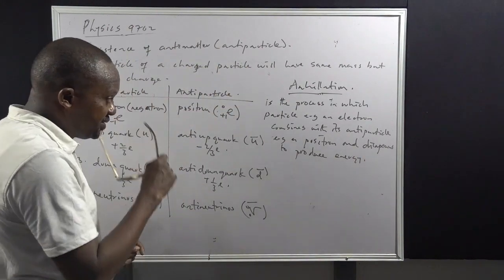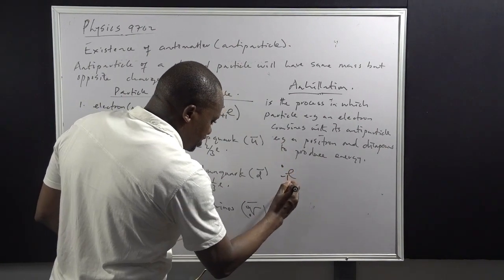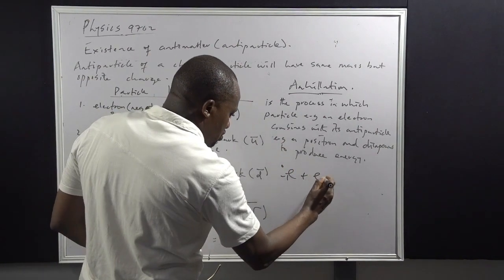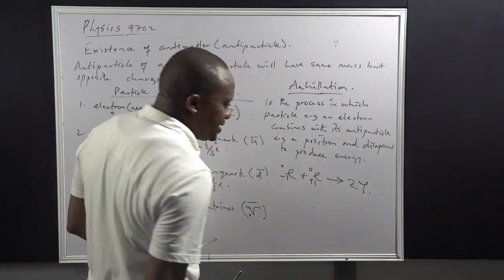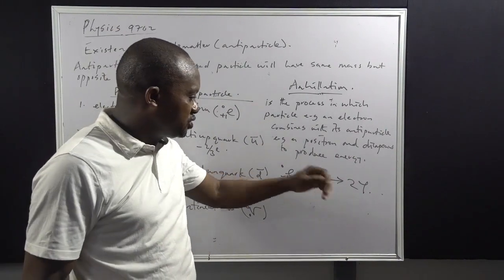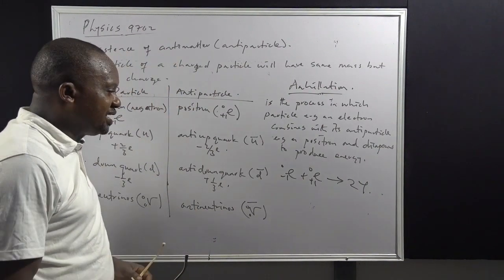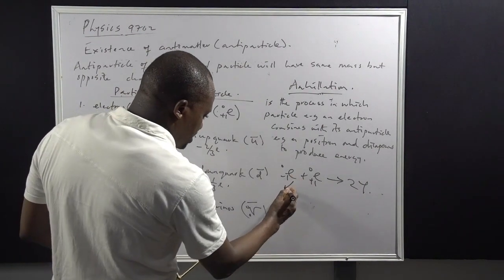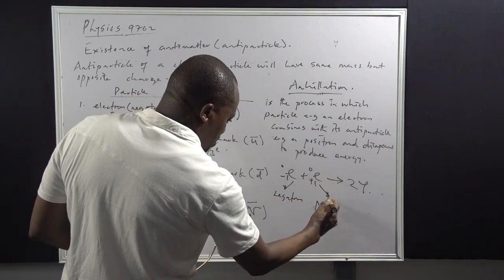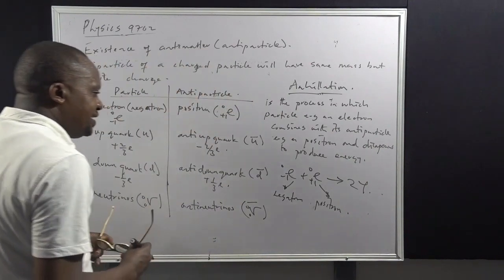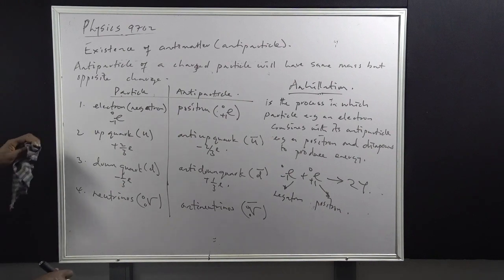So for example here, if a negatron, 0 minus 1, combines with a positron, 0 plus 1, it disappears and exists in form of 2 gamma photons. This is a process known as annihilation. So this is a negatron combining with a positron. It becomes annihilated to produce 2 gamma photons. Okay?